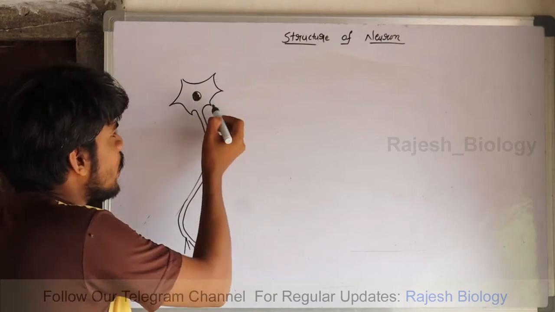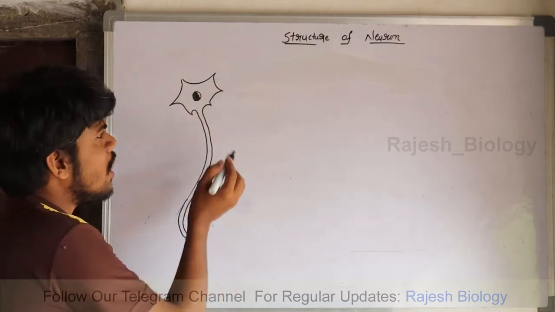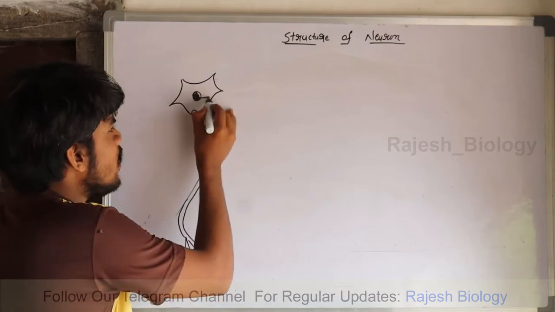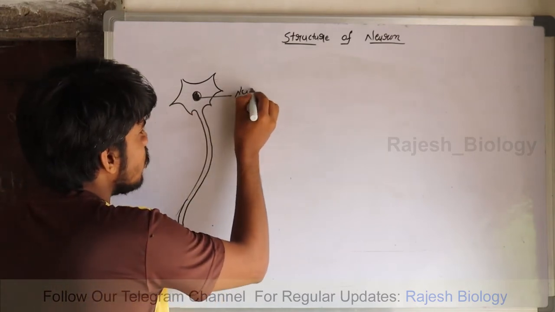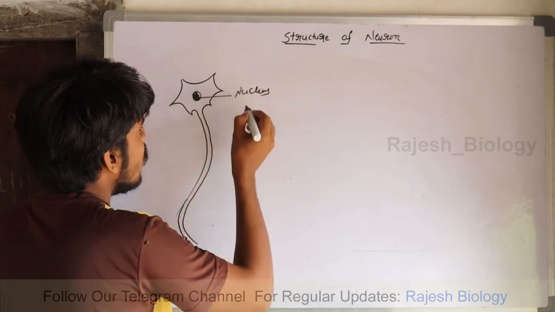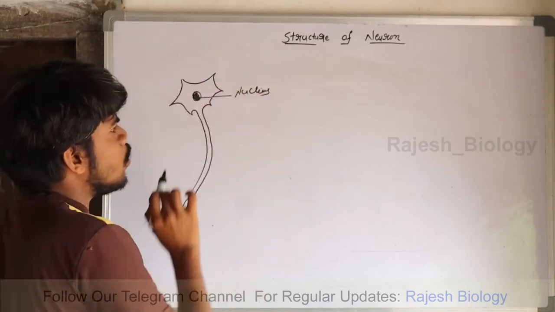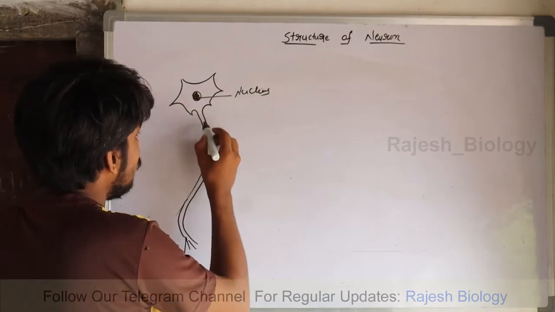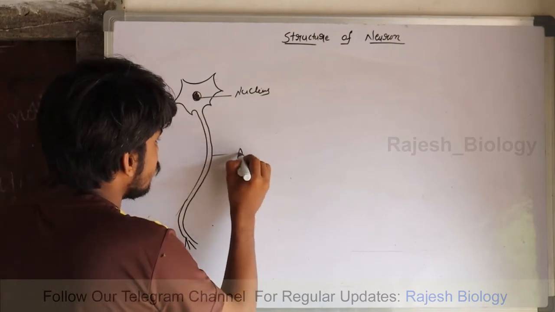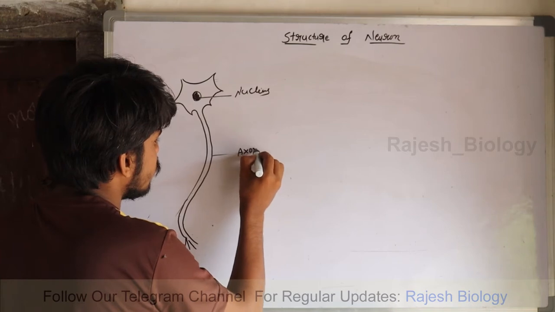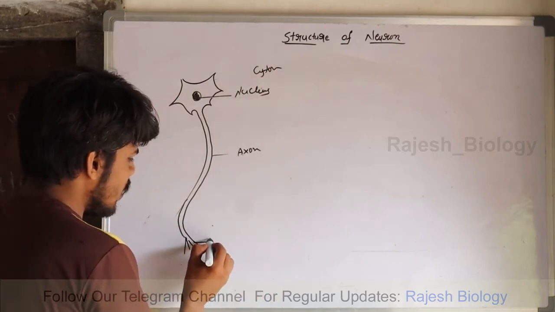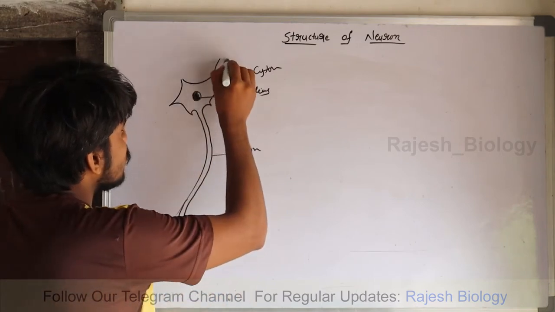And it is also known as perikaryon because the nucleus is known as karyon, and it is present around the nucleus. And axon, it is cyton. And these are dendrites.